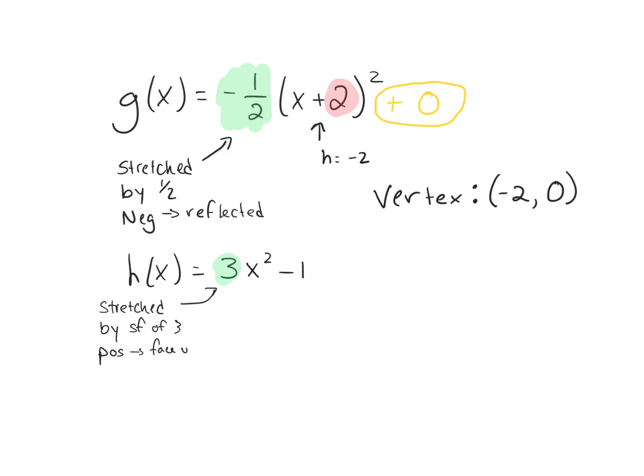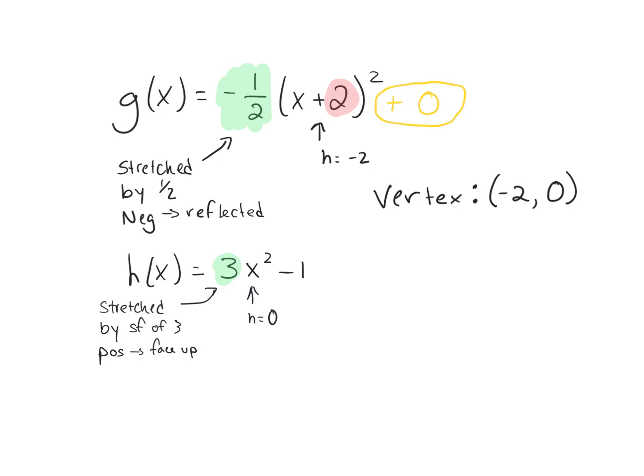It's not being reflected. I'm noticing that it looks like I'm missing my h value, because if we had an h value, we would have our parentheses. It would be attached to our x by a plus or a minus. We don't have that. So that tells me this is not being moved horizontally at all. Our h value is going to be 0.